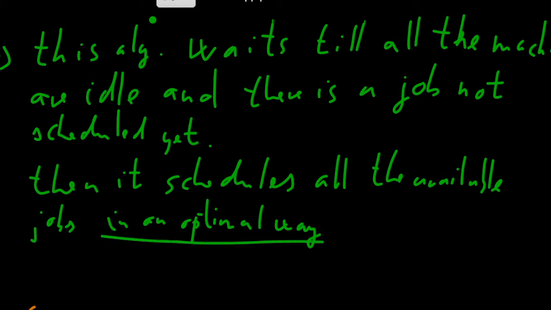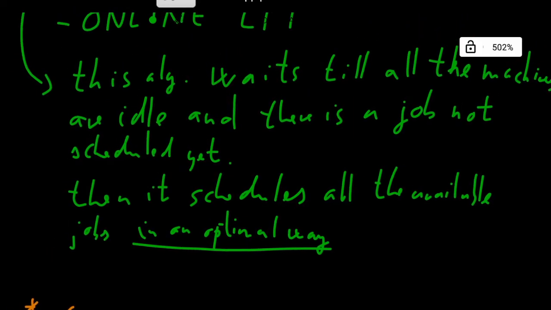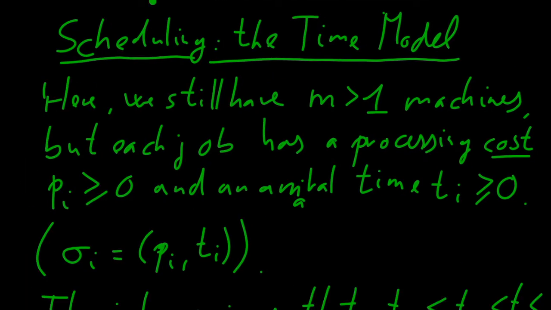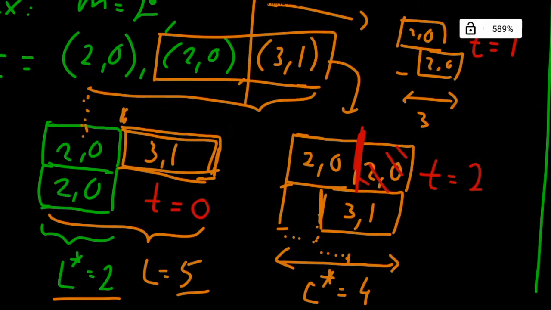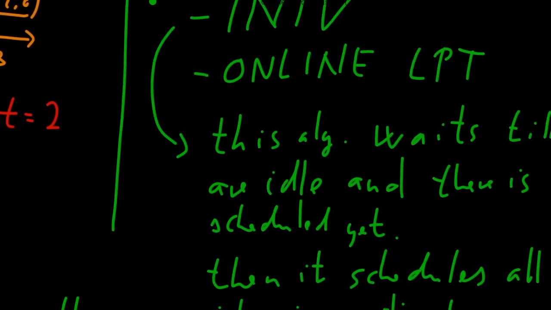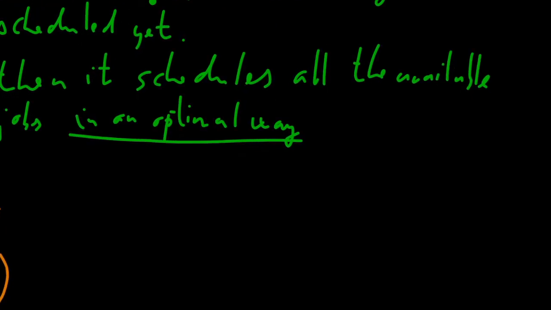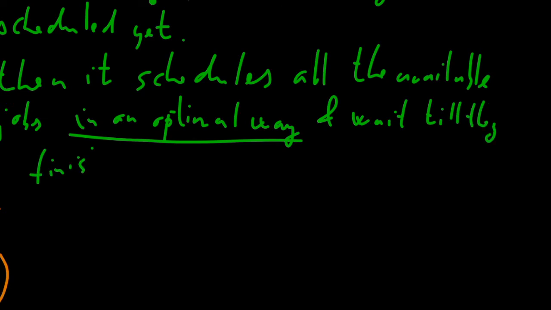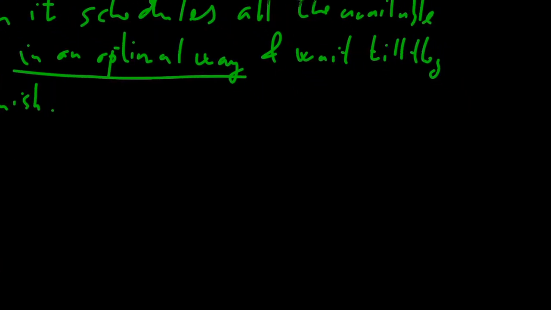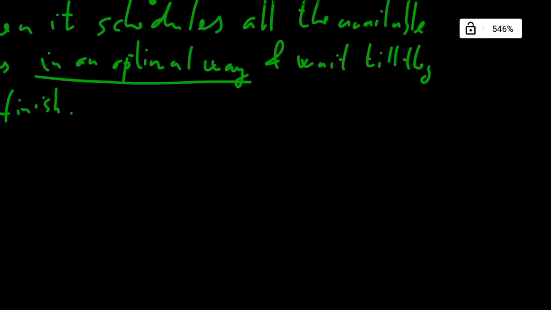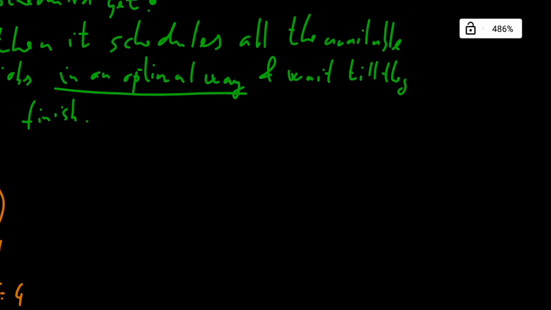Now this part is just making this algorithm a bit slow to schedule, so it should be upgraded, but it will schedule all the available jobs in an optimal way and just wait till they finish. Okay, let's see an example for this particular algorithm.